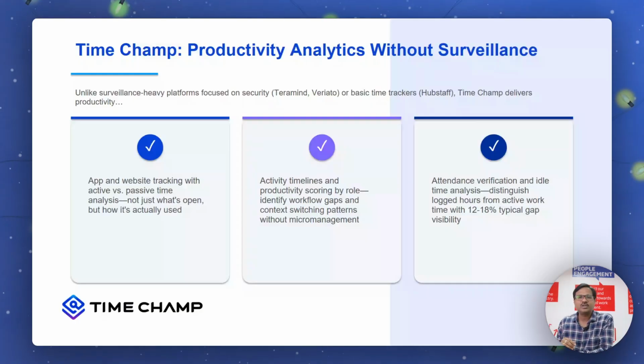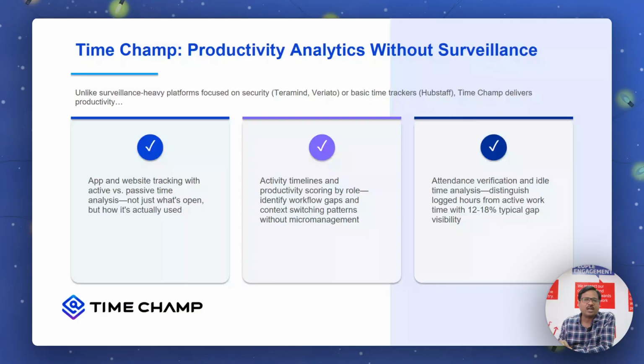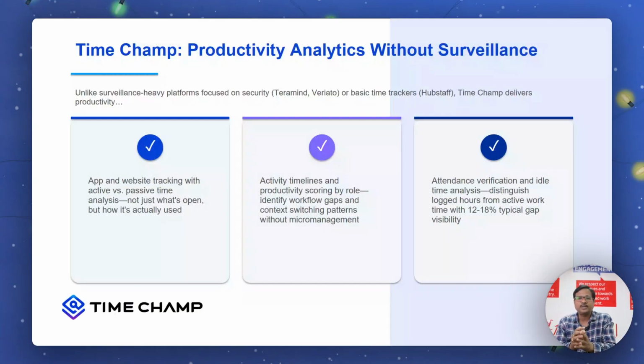You get the workforce behavior analytics to establish baselines in phase 1, the productivity dashboards managers need in phase 2, the activity timeline visibility to identify workflow gaps in phase 3, and the comparative reports to calculate ROI in phase 4.